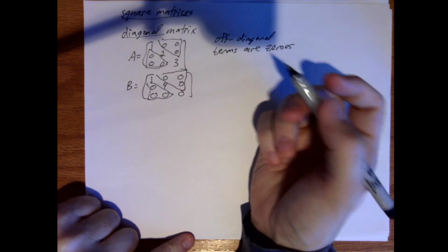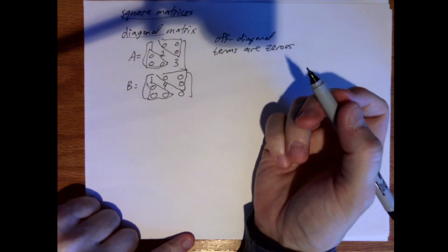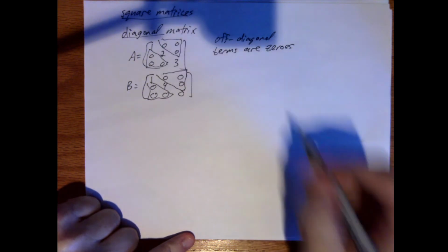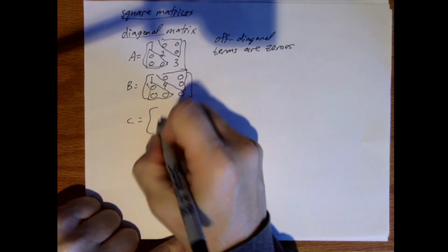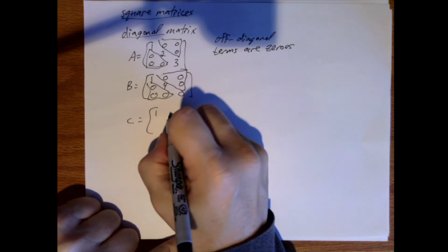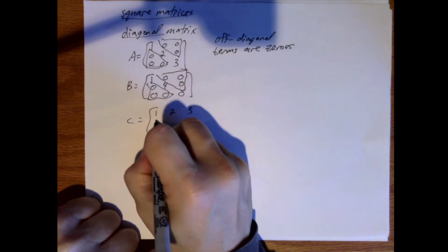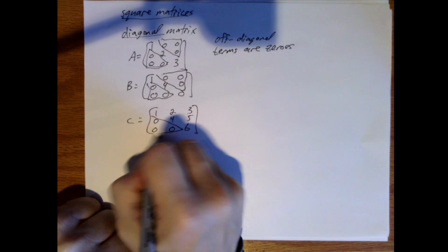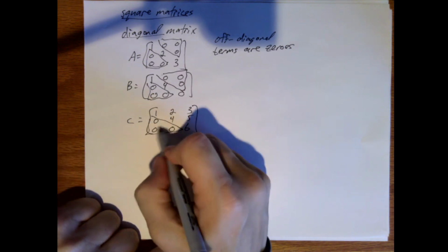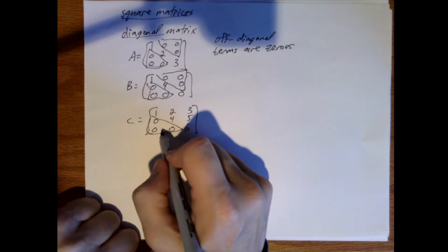Now, if the values below the main diagonal are only zeros, then we say the matrix is upper triangular. So something like this. There's the main diagonal. All the elements below the main diagonal are zeros.